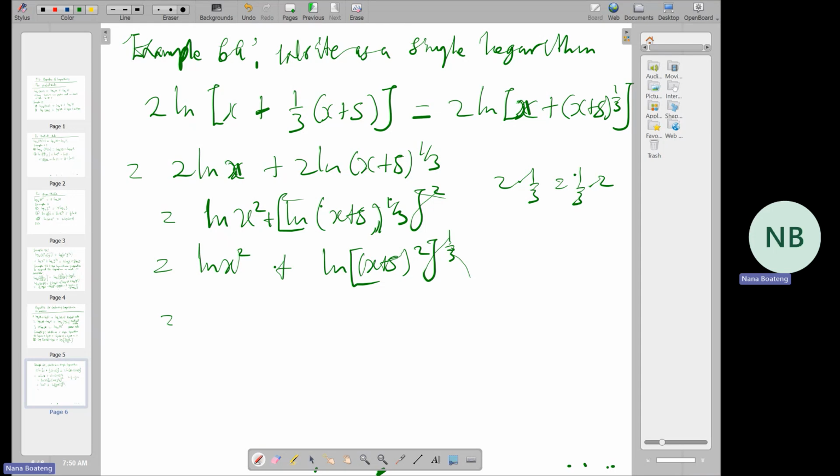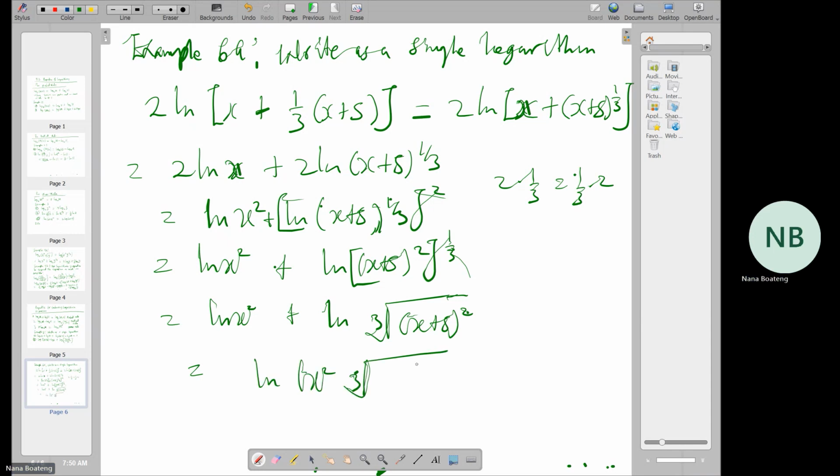From here, I'll get log of x squared plus log of cubic root of x plus 5 squared. Okay, so here I can condense both to be log of x squared and the cubic root of x plus 5 all squared.